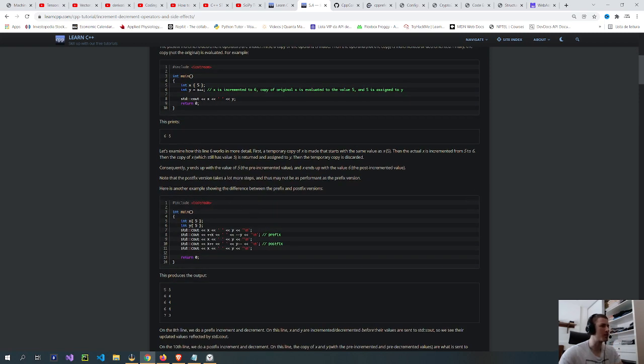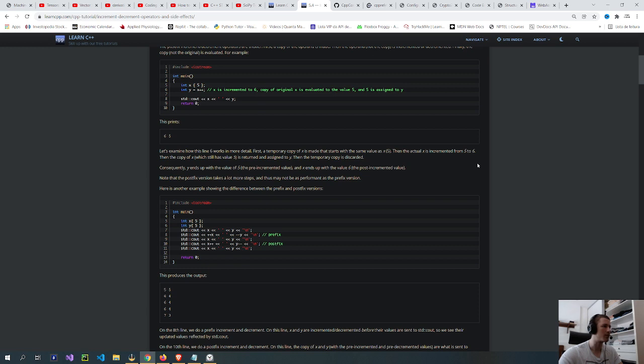Let's examine how this line 6 works in more detail. First, a temporary copy of X is made that starts with the same value as X, 5. Then the actual X is incremented from 5 to 6. Then the copy of X, which still has value 5, is returned and assigned to Y. Then the temporary copy is discarded.